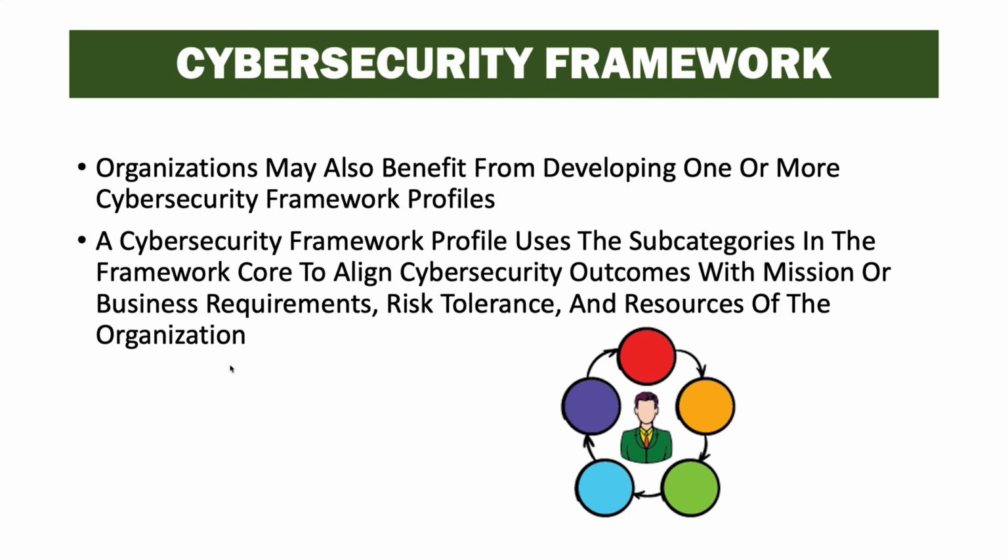Organizations may also benefit from developing one or more cybersecurity framework profiles. A cybersecurity framework profile uses the subcategories in the framework core to align cybersecurity outcomes with mission or business requirements, risk tolerance, and resources of the organization. It just helps align the RMF a little more with the CSF.